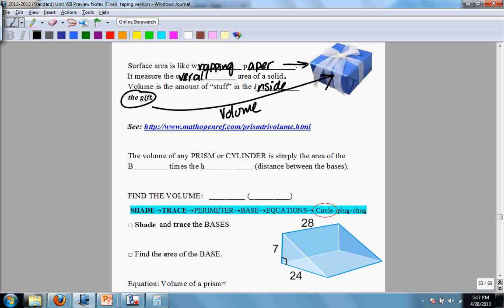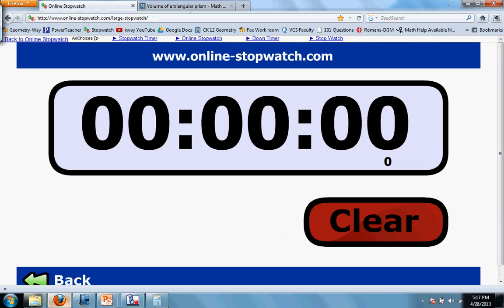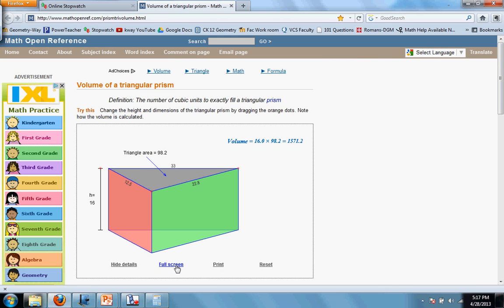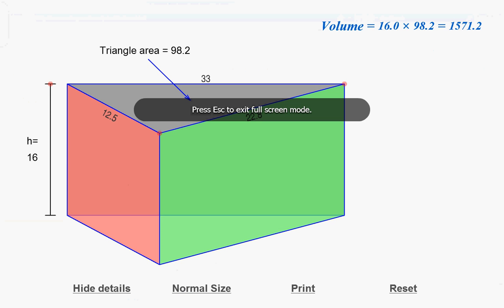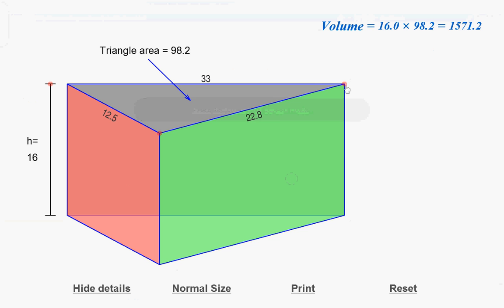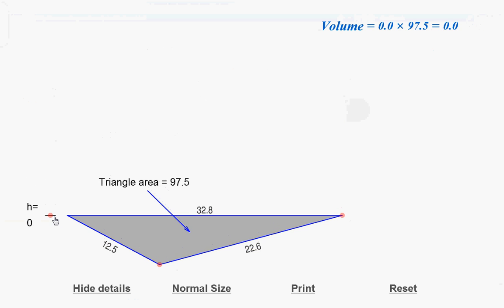Now the equation for volume is really easy. Take a look at this animation here. To find volume, all you do is you start by finding the area of a base.